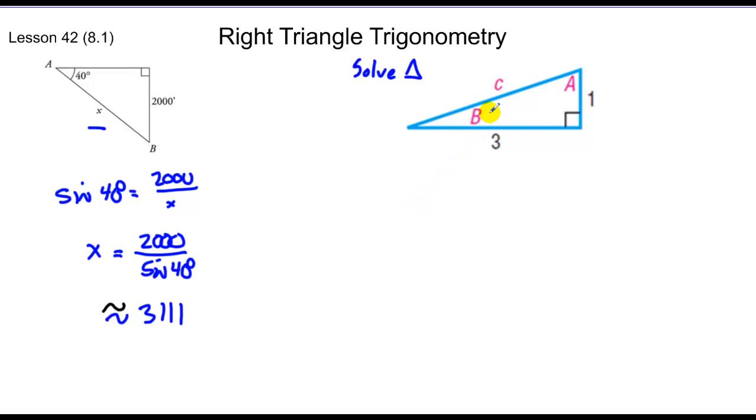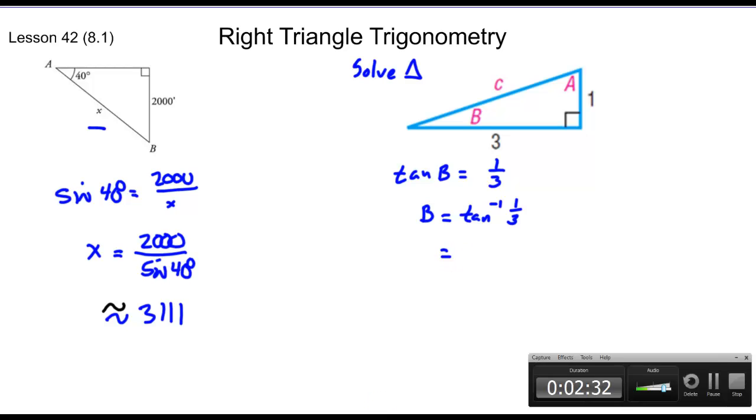So let's solve for B. If I want to use B, I have its opposite and its adjacent. So I could say the tangent of B is equal to the opposite over the adjacent. In order to find B, I'm going to need to take the inverse, and I'll use a calculator for that.